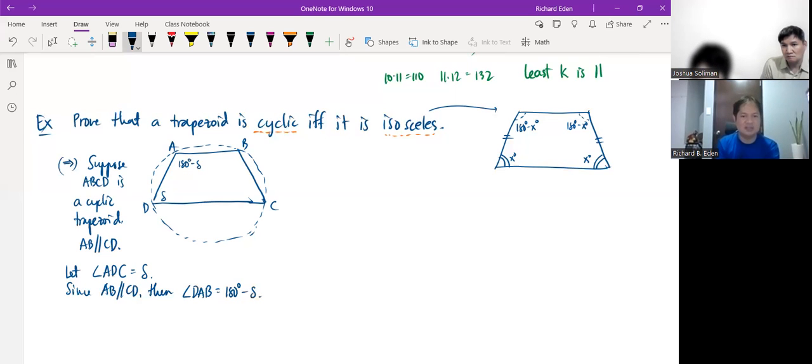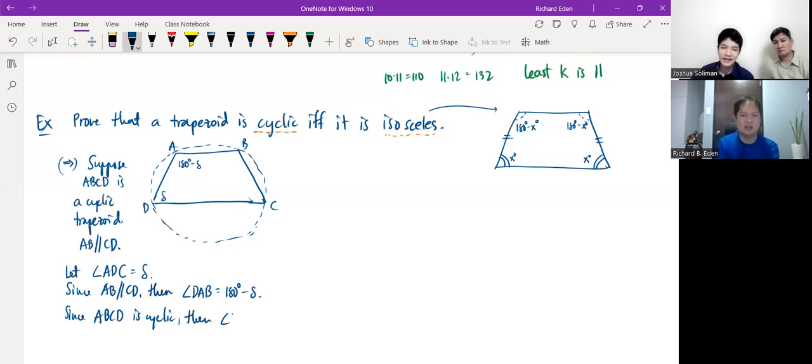Since ABCD is cyclic, angle DAB and angle BCD are supplementary.